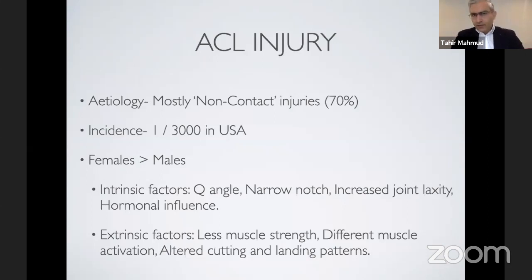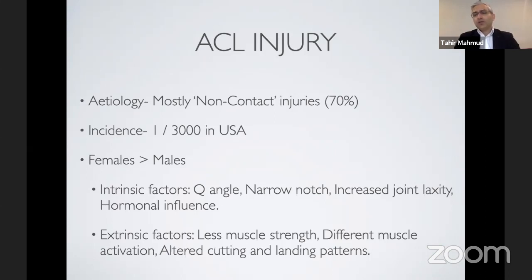In terms of anterior cruciate ligament injuries, roughly 70% occur from non-contact injuries. They can also occur from contact injuries. Non-contact injuries usually result from a sudden deceleration and change in direction. So the foot is planted on the floor and the person is turning away to the side with the foot planted, applying a slight internal rotation to the tibia and possibly a valgus stress to the knee, which ultimately results in rupture of the anterior cruciate ligament.